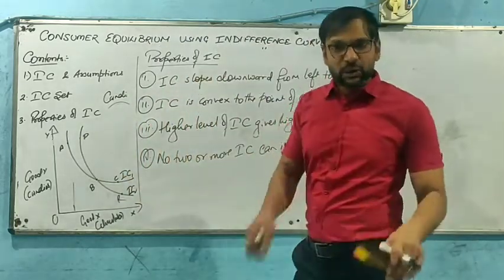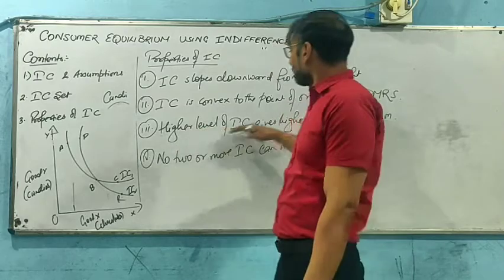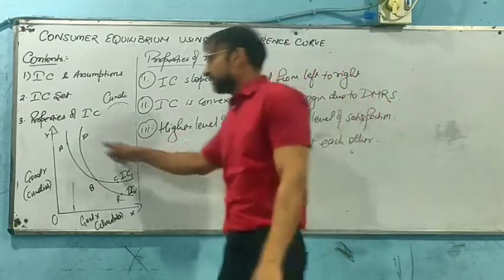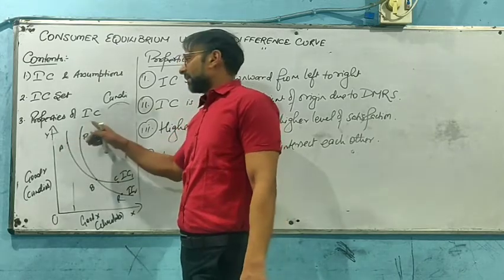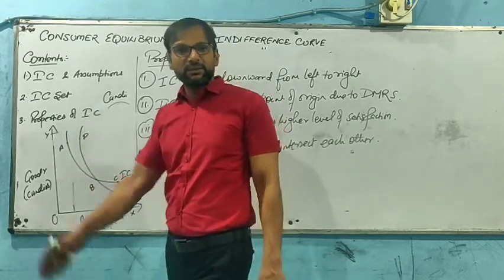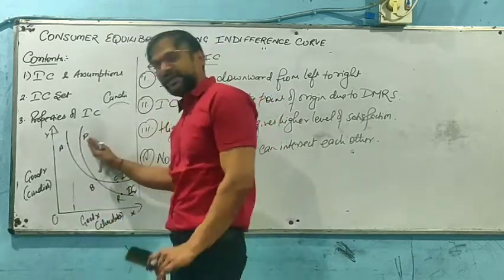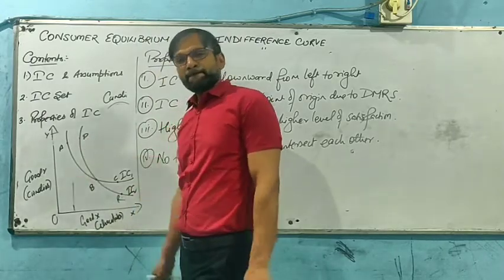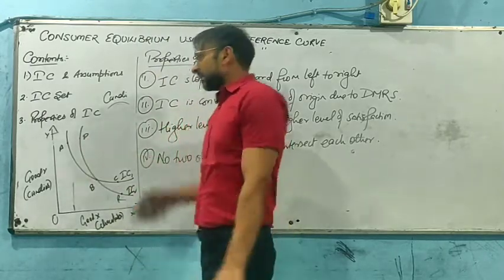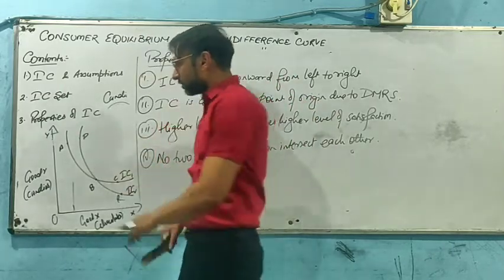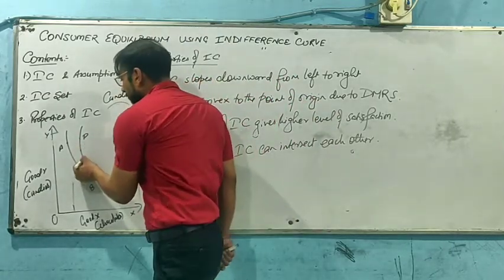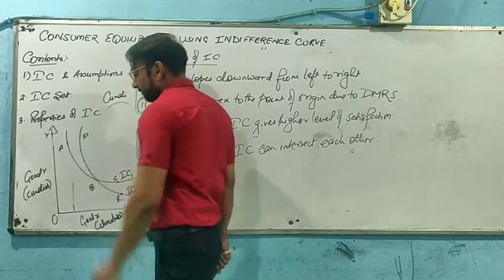Now, just now what we have seen, higher level of IC gives higher level of satisfaction. It means this is higher IC than this one. It means the satisfaction level that a consumer is deriving from P should be more than A. And we have also seen that indifference curve means same level of satisfaction in all the possible combinations that we make.